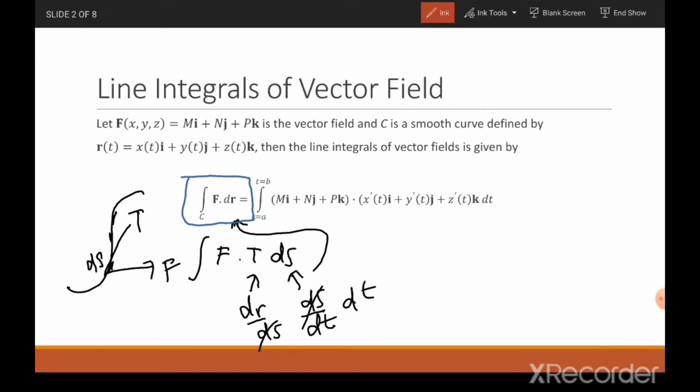The important thing is that you need to use this formula: the integration of F dot dr, where F is the vector field and dr is the vector.